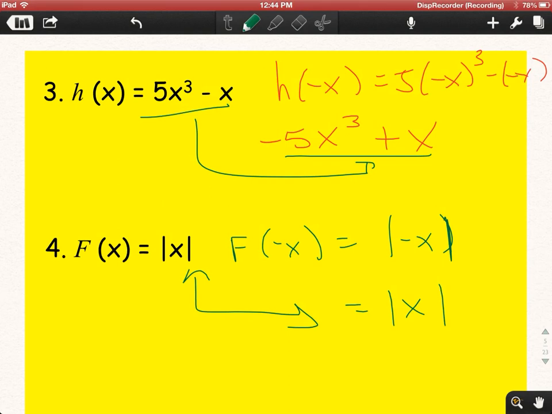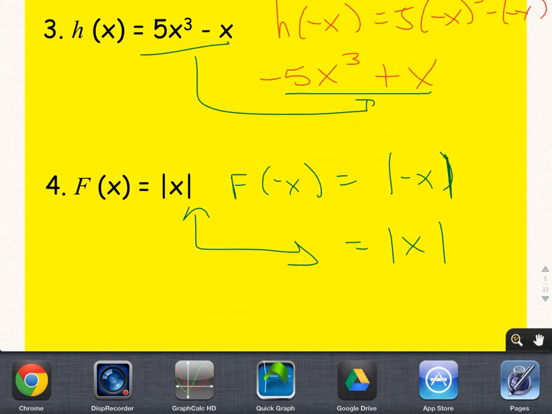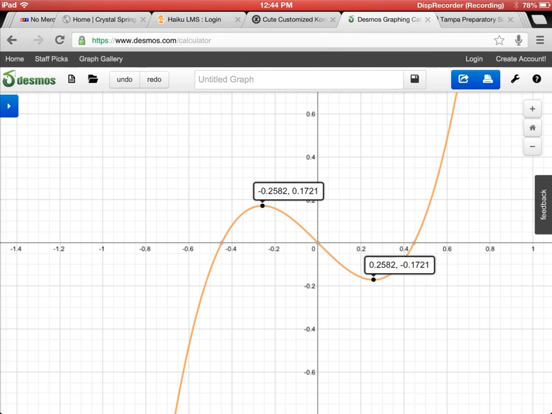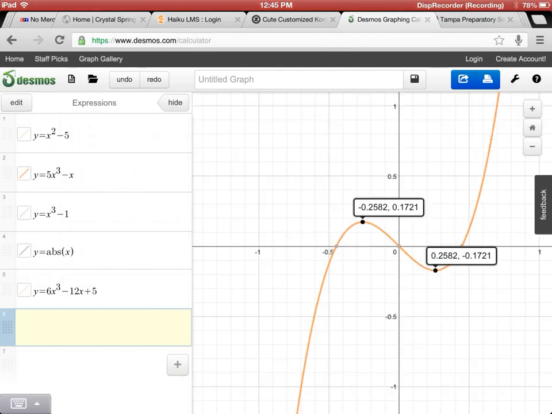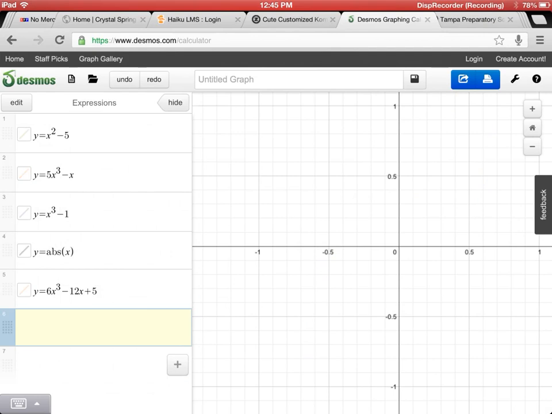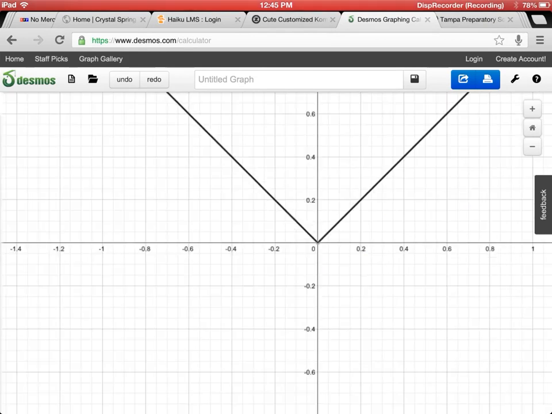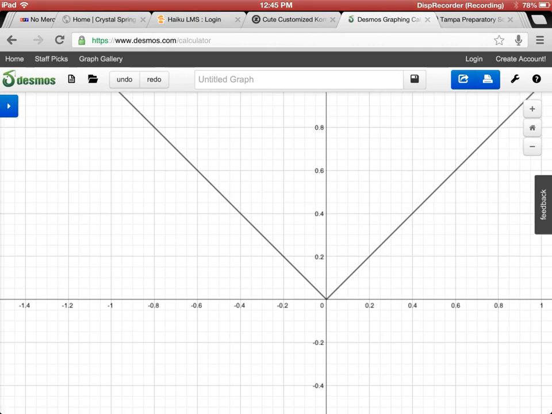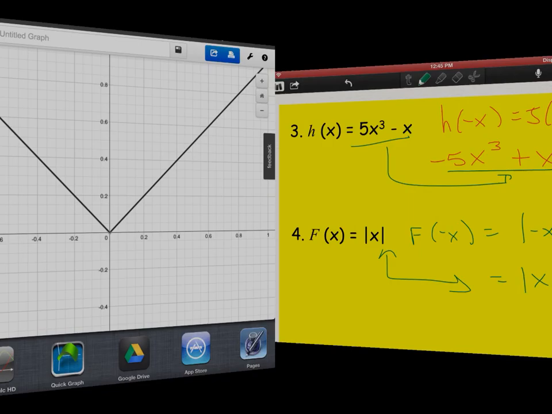So this one is even, and if we look at that on the calculator, again, we're looking for y-axis symmetry. We're looking for (0.2, 0.2) and (-0.2, 0.2), and we can look at those types of symmetries wherever we select. So that is an even function.